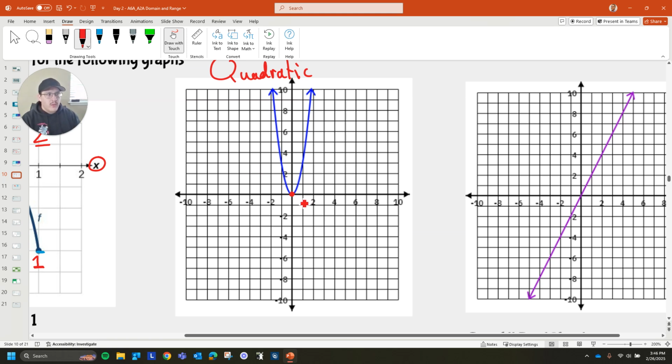That's going to be what you're going to associate your range from. So notice that the graph is going up. That means we're going to say y is greater than or equal to 0. If the graph was going downward, instead we would have said wherever that vertex is at, y is less than or equal to 0.